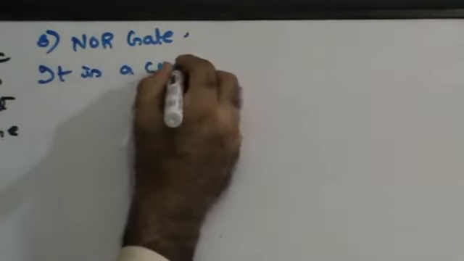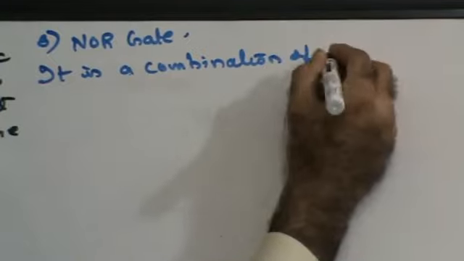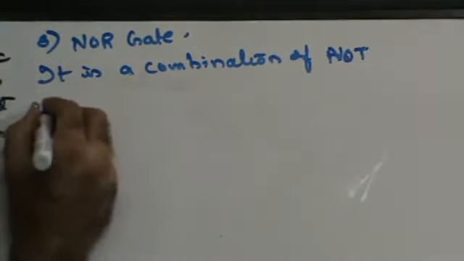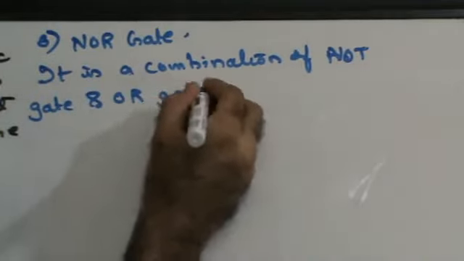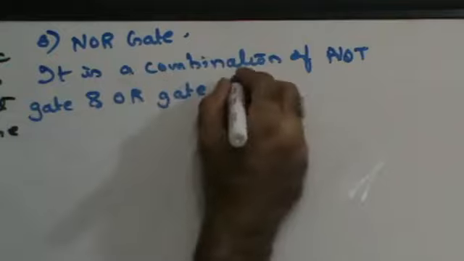Right? Now, a NOR gate is a combination of an OR gate and a NOT gate, right? In this, the output of the OR gate is connected to the input of the NOT gate.